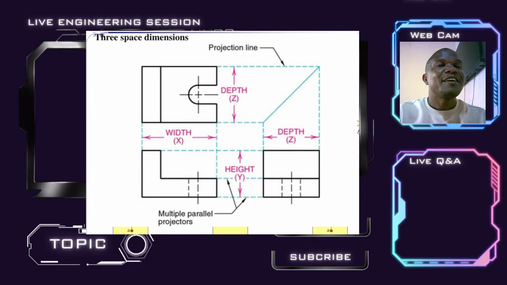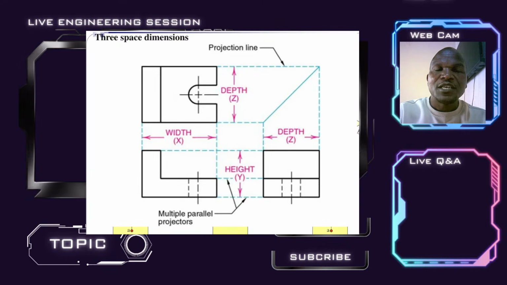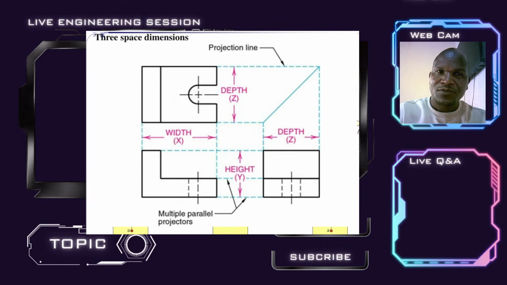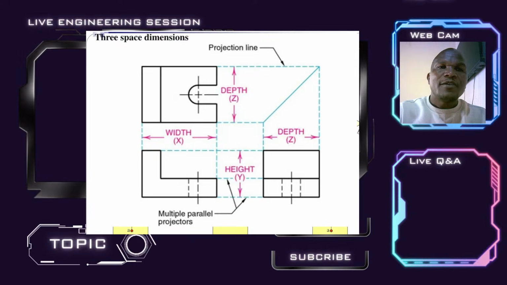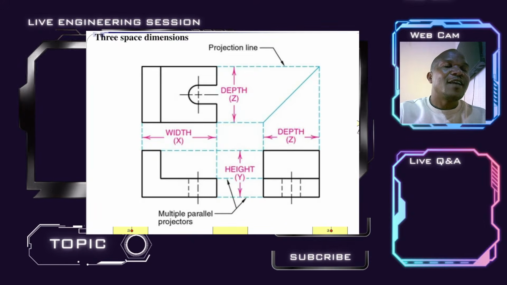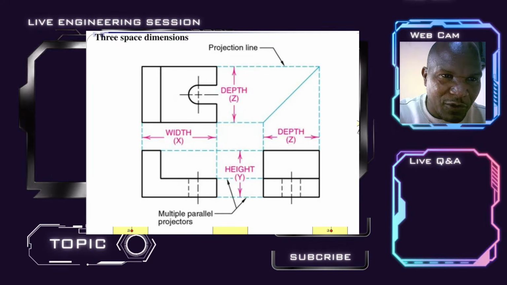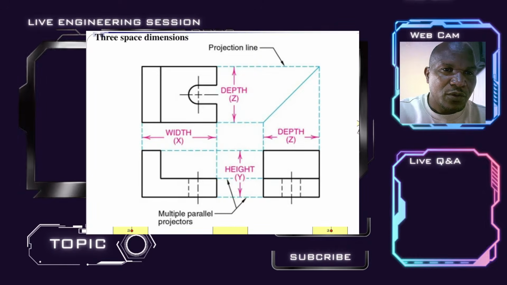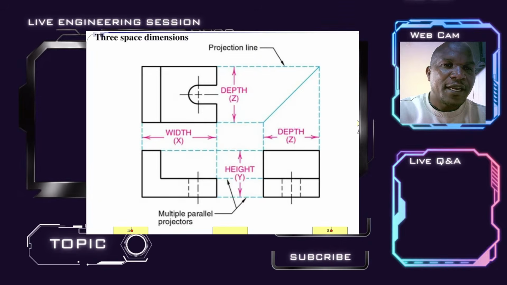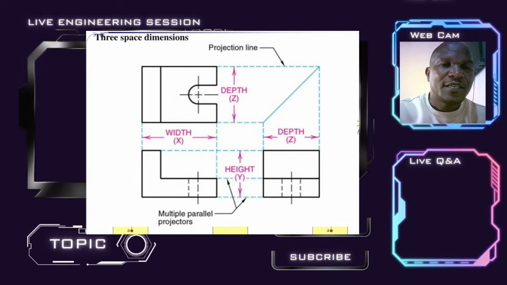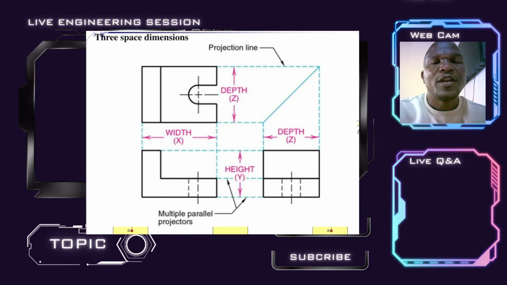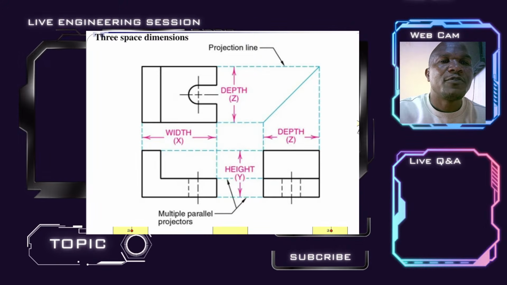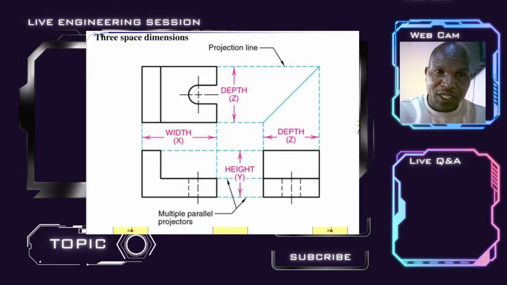In this case, I have used a three-space dimension to illustrate this. It's still in third angle projection, where the right lower corner is the front view, and on top of the front view is the top view, or the plan.